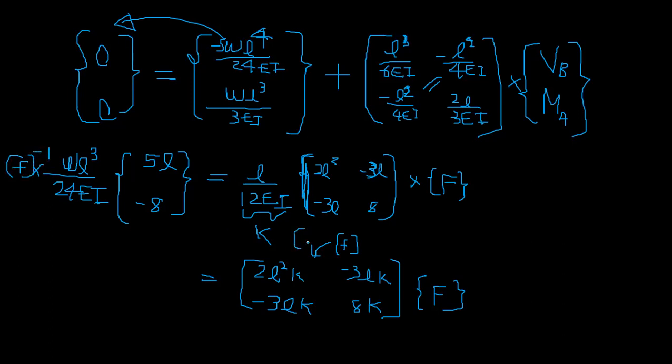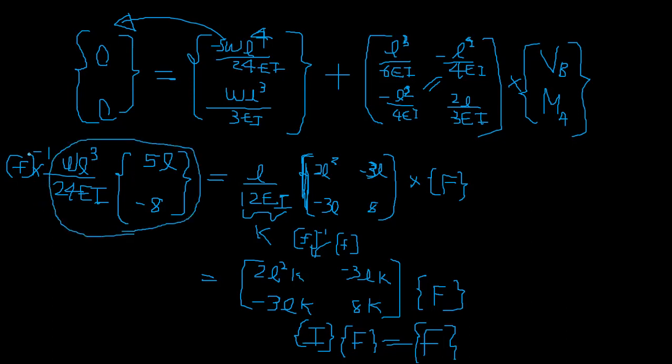F inverse into F gives you I, the unit matrix. Unit matrix into any matrix is the same matrix. So that means you can solve for F if you multiply F inverse by this matrix, right?